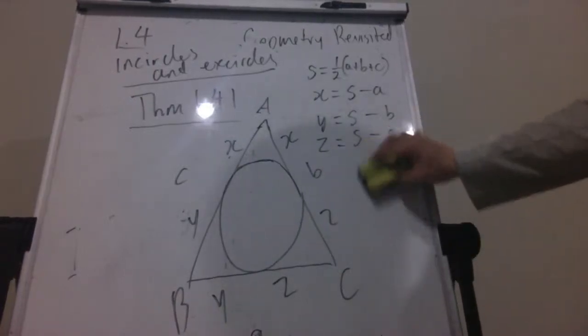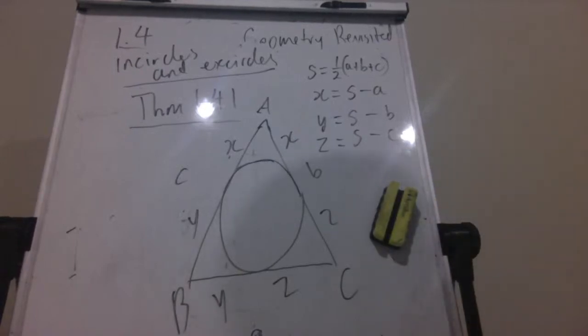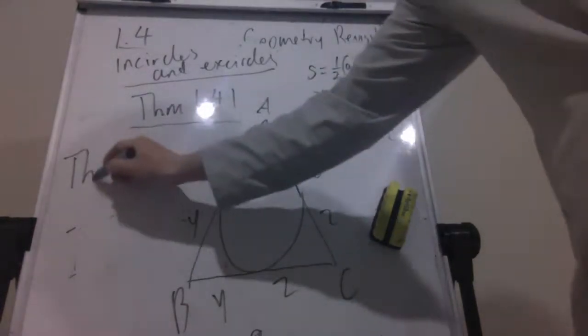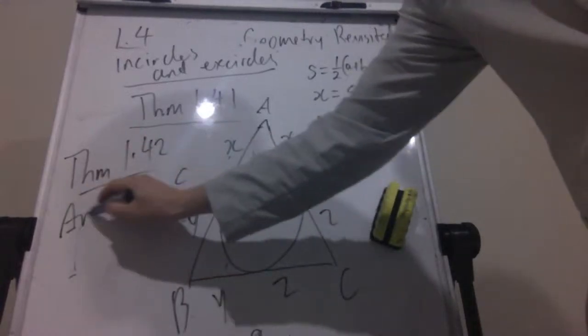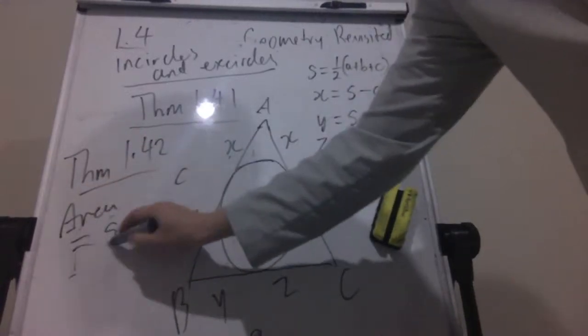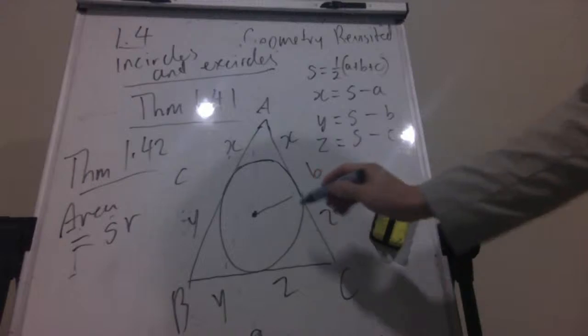Oh, so the area formula comes from this. Did we do the area yet? Heron's formula. So this is not the last thing. Theorem 1.42 is that the area is equal to s times the inradius, right?